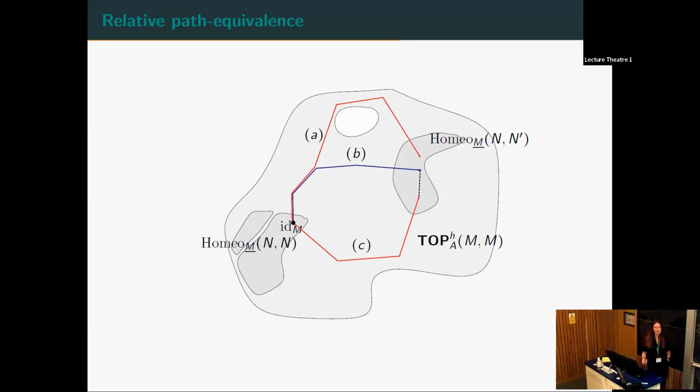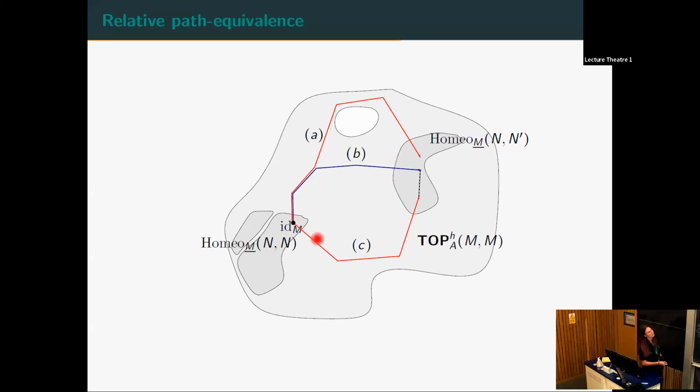I think it's easier to think of this graphically. As is normal in these path homotopy settings, we're thinking of mapping a square into some space, and our conditions say that the left-hand side of the square must always go to the identity, the right-hand side of the square must be entirely inside Homeo(M; N, N'), and the top and the bottom of the square are motions.